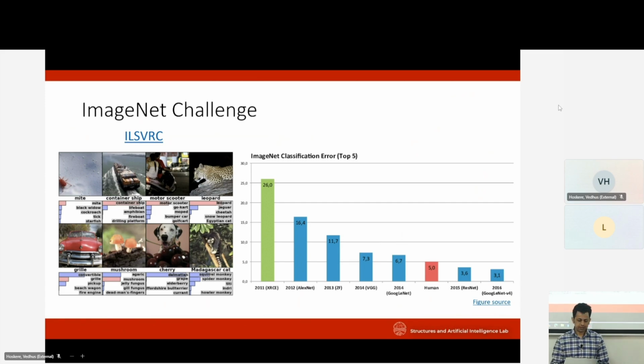You can see all deep learning methods in blue and non-deep learning methods in green. So prior to 2012, there were non-deep learning methods, but since then, the deep learning methods surpassed human performance as well on this data set. And so this shows that modern deep learning methods are very good at these sorts of problems.